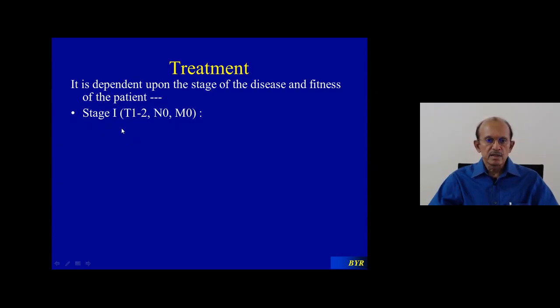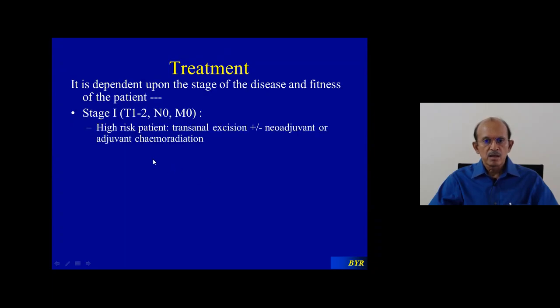For stage 1 disease, that means T1 and T2 lesions, a high-risk patient. High-risk patient means a patient who is unfit for a major surgical resection. For those patients, what you do is you go for transanal excision with or without neoadjuvant or adjuvant chemoradiation.